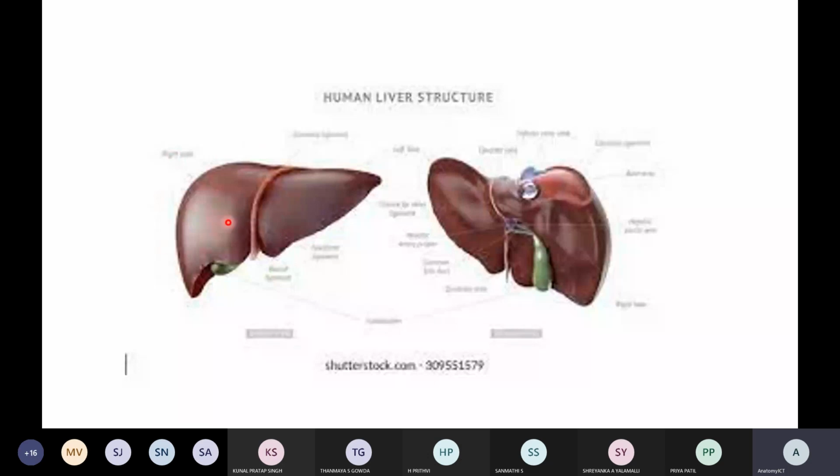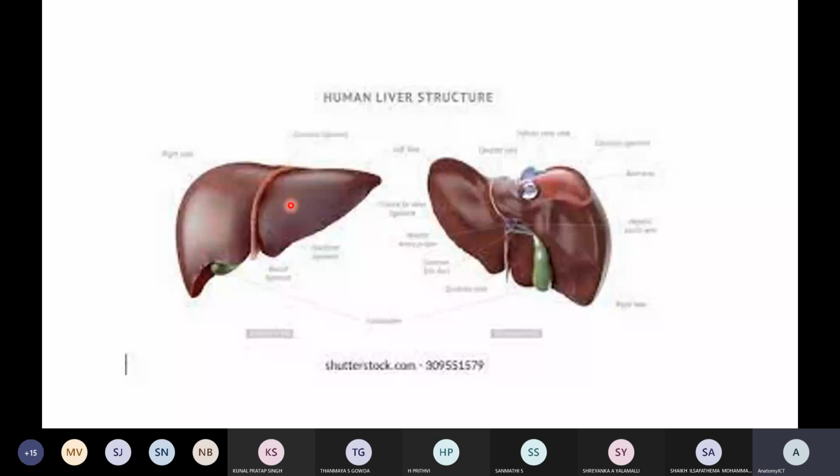The liver attaches there, and exactly in the mid part there is a separation between these two lobes by a particular ligament that divides the liver into right and left sides. The dome of the diaphragm lies in relation to the dome of the liver.